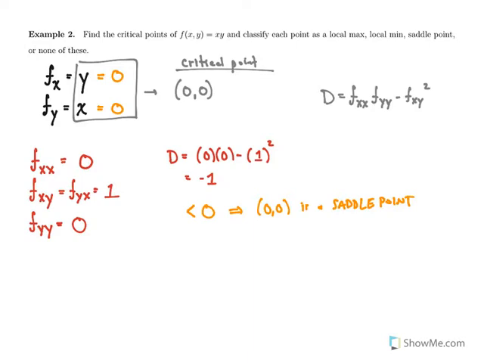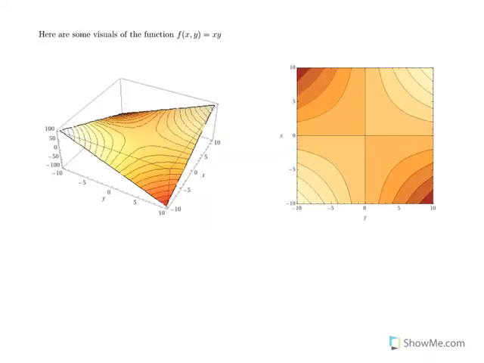Now let's look at a visualization of that function so we can kind of see what it means by saddle point again. So here's a picture of x, y in a contour diagram and a three-dimensional drawing where the contours are actually drawn on the diagram. And we can see that the special point (0, 0), so here's y equals 0, here's x equals 0, corresponds to right in the middle there.